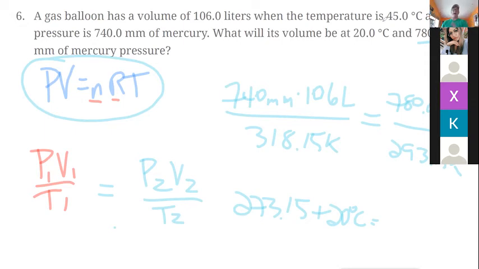So that's why we use Kelvin, because Kelvin gives us a description of what happens to the speed of the molecules. What happens at 0 Kelvin to the speed of molecules? In fact, what happens to everything at 0 Kelvin? Everything stops moving.